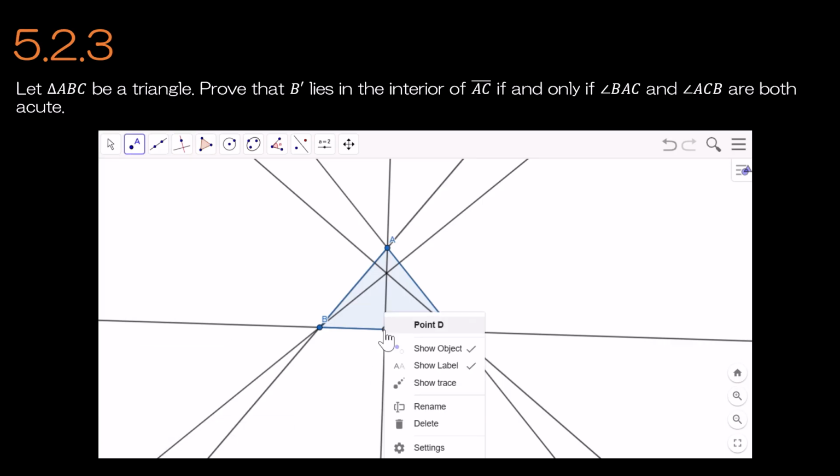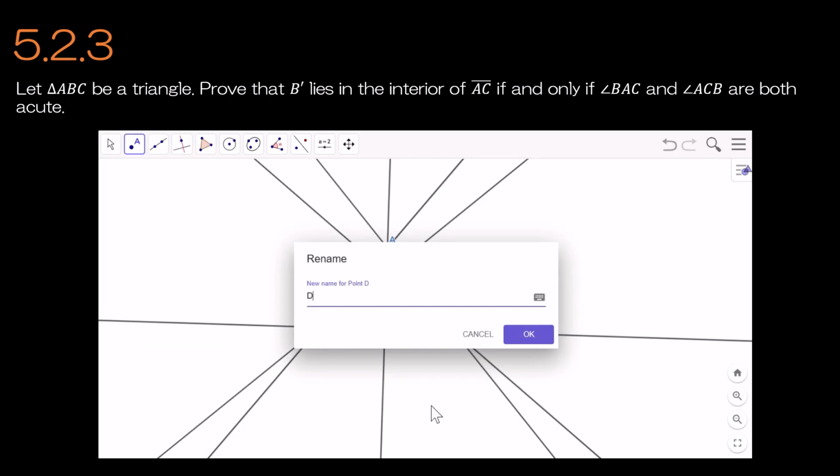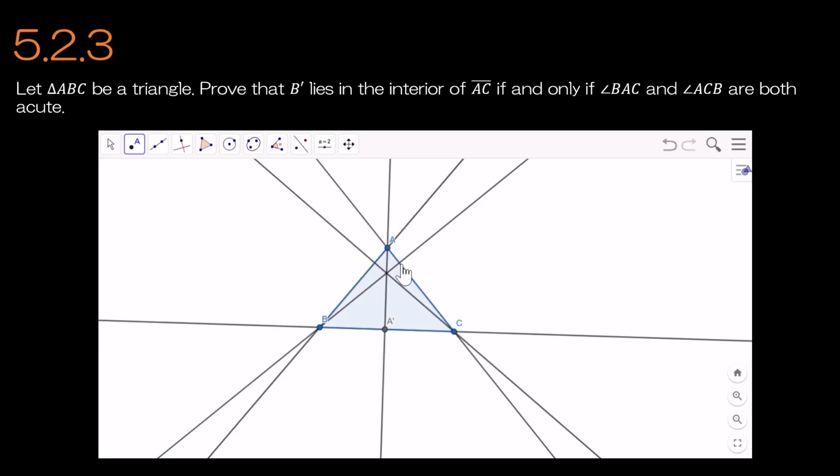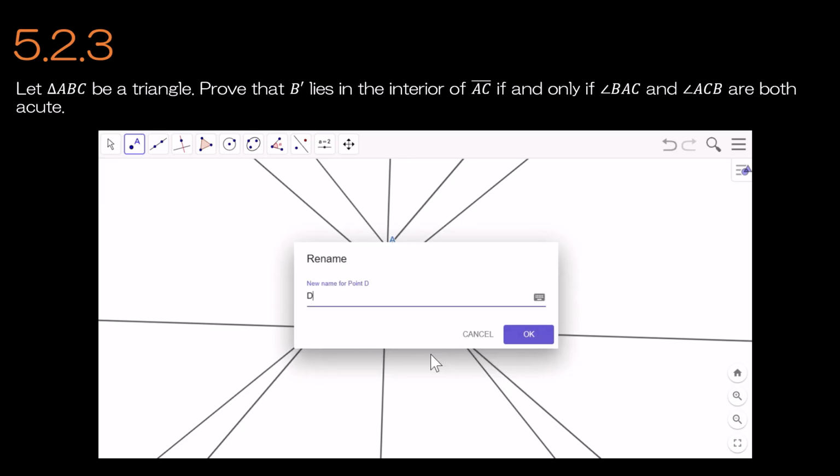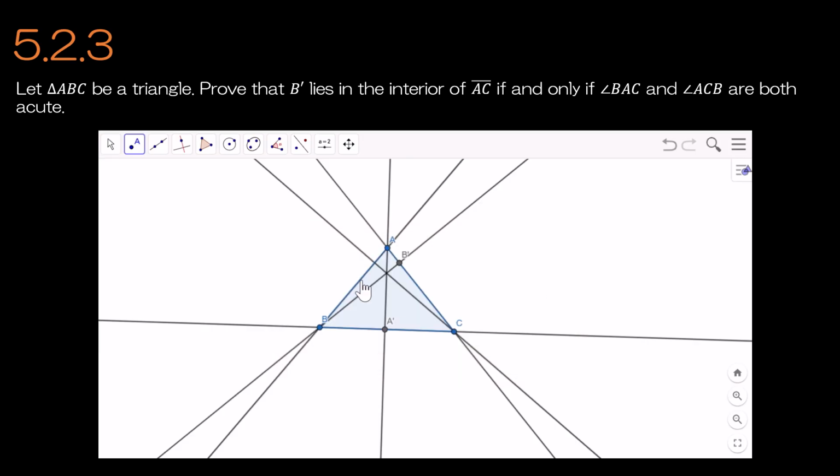This is point A prime, and this is point B prime, and this is point C prime.